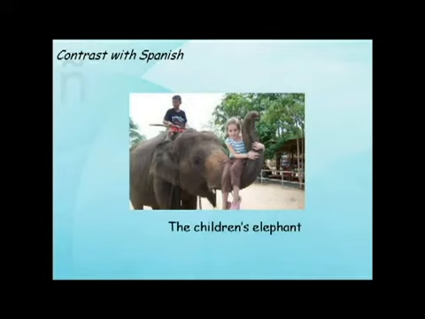When we have an irregular plural, we add apostrophe s and the noun. Children, irregular plural, so the children's elephant, in Spanish, el elefante de los niños. Notice once again that we don't have the preposition of in the sentence that it is written in English.